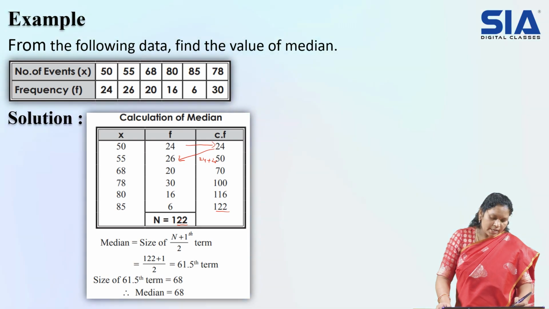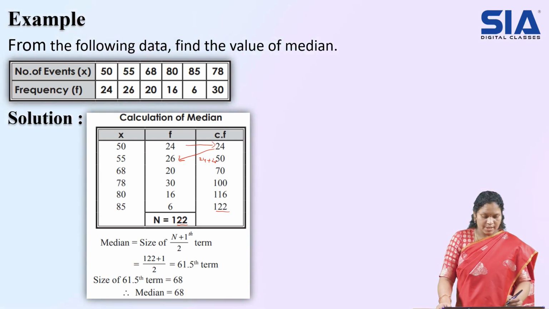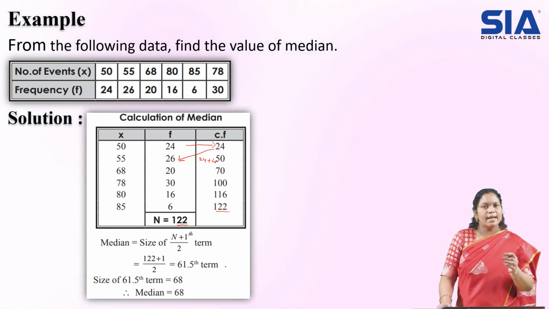Now what is the formula? Just now we discussed: (n plus 1) by 2th term, where n is the total of frequency. Take 122 plus 1 by 2, and you'll get 61.5. So the 61.5th term, you have to check in the cumulative frequency. If it is exactly there, go for it.